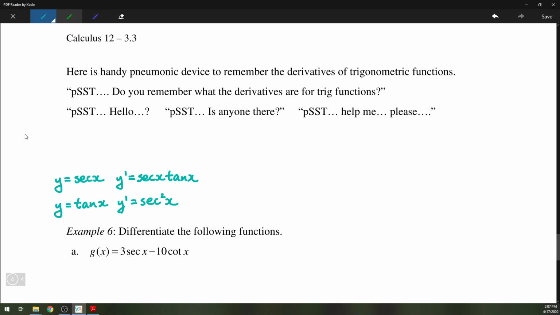So here you can see s, s, and t, and likewise we have t, and then s and s.